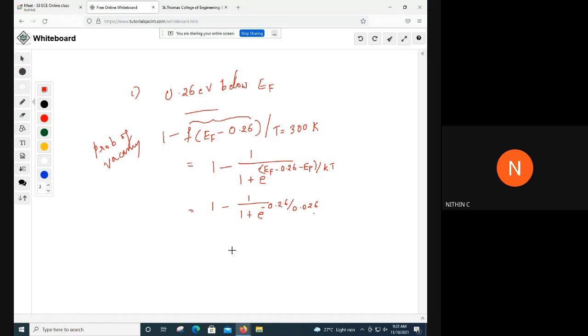Please check the answer. Yes. 4.5 into 10 raised to minus 5 is the right answer.